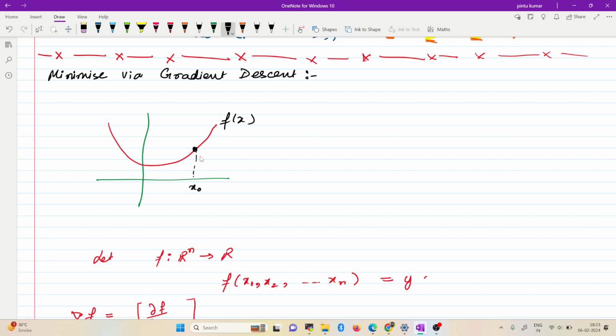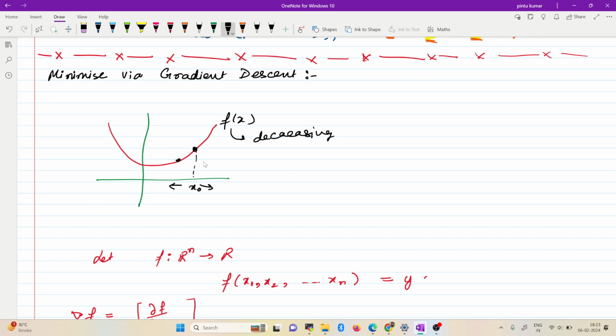One very simple approach one can take is, from here there are two directions to go: one is this direction, one is this direction. If I move in the direction where the function value is decreasing, then I can hope that I'll reach some local minimum point at least.